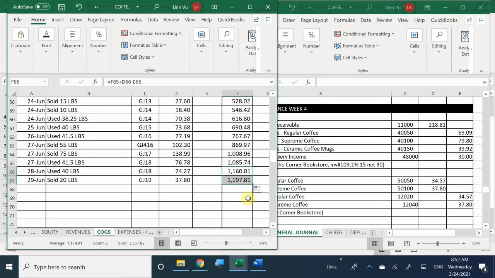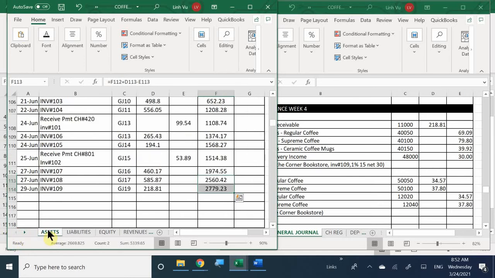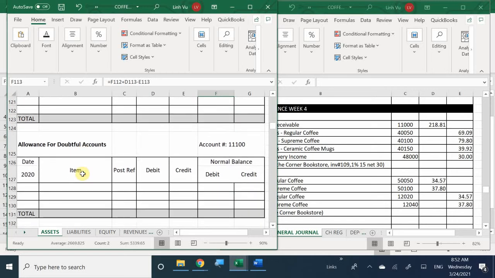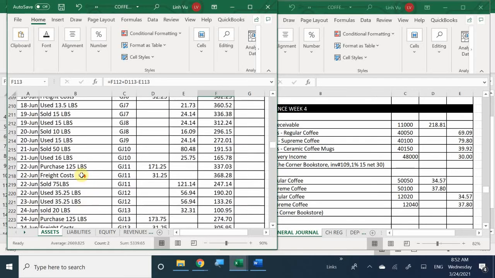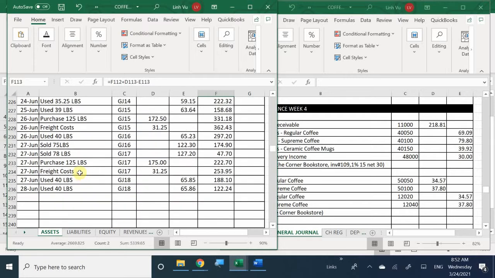Okay, now we're going to update our inventory. Going to the assets. Okay, so we're going to locate our regular coffee. Here we are. It is the 29th.